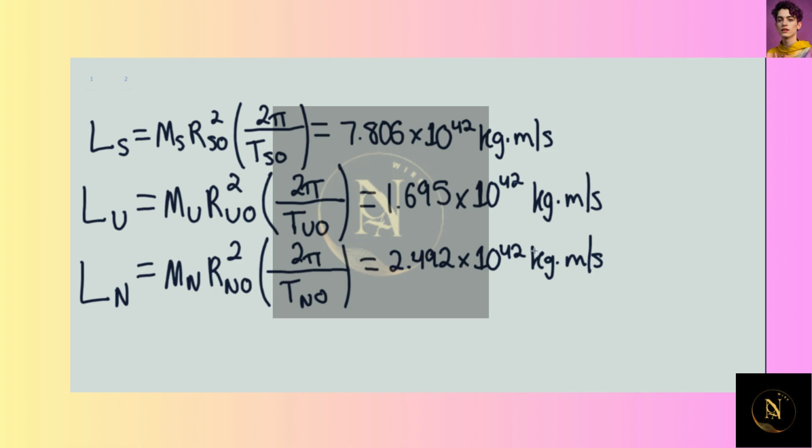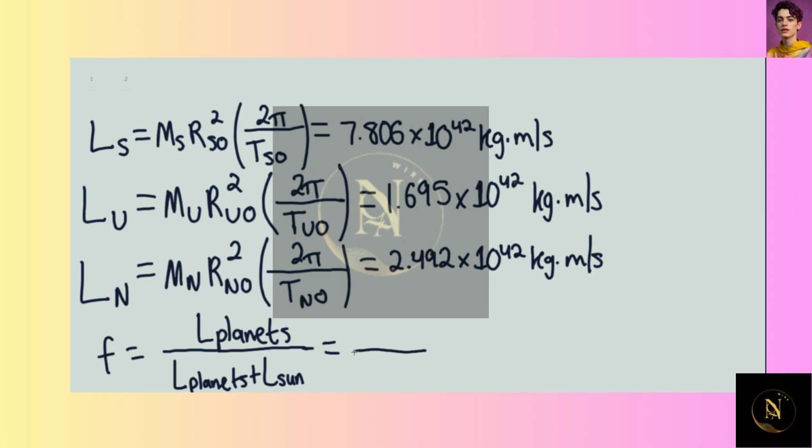And then what they want us to find is the angular momentum, we'll call it F, the fraction of the angular momentum of the total of all planets divided by the angular momentum of the planets plus the angular momentum of the sun. So essentially, the sun's own angular momentum contribution to the total angular momentum of our solar system.